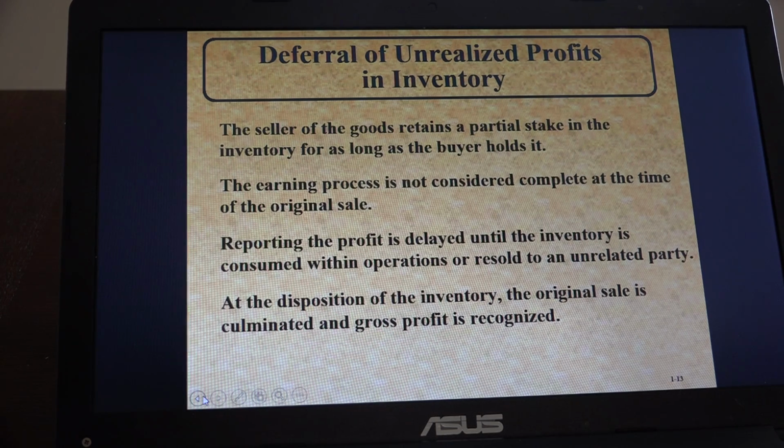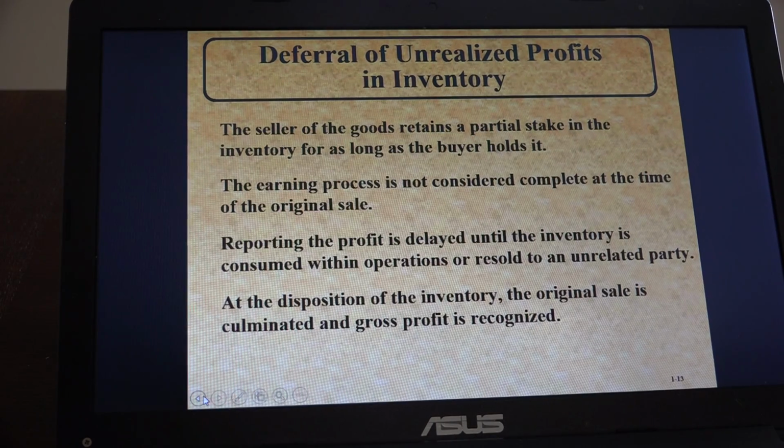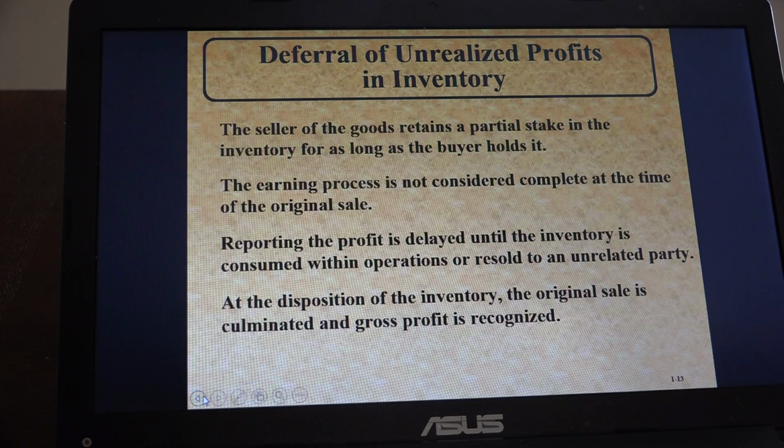So, let's see, in this situation, Major sells inventory to Miner at a price of $50,000. The figure includes a gross profit of 30% or $15,000.